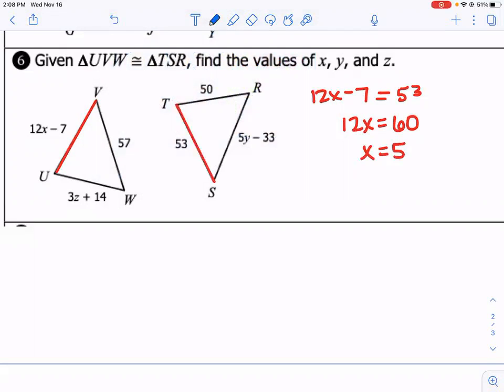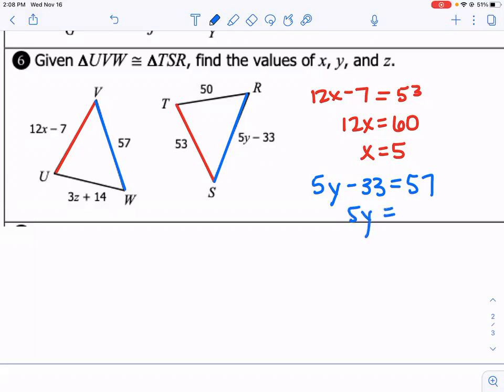Okay, now how about this right here? 5y minus 33. Okay, Riley, what would we set that equal to? You're saying that RS corresponds with WV? Okay, I agree.